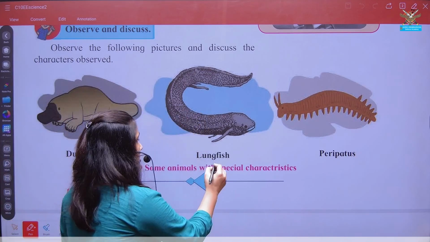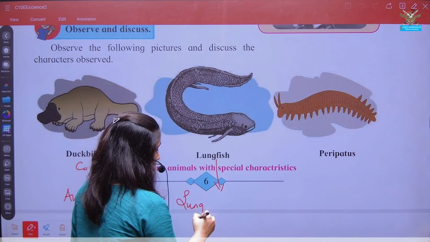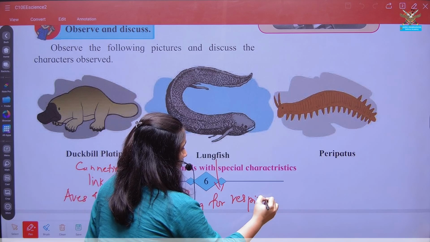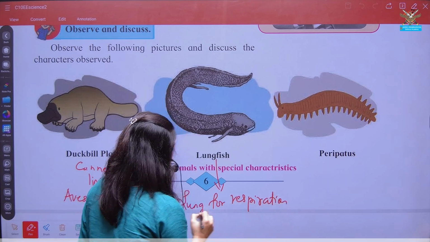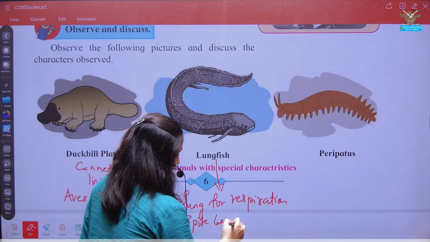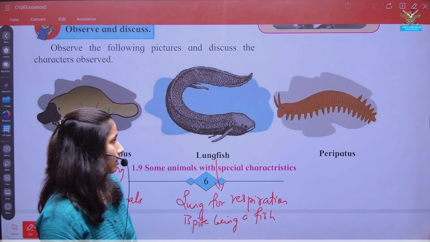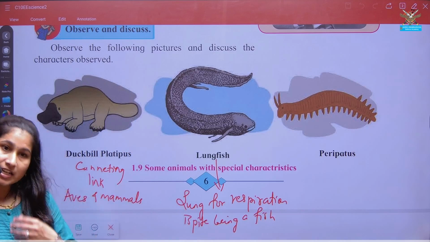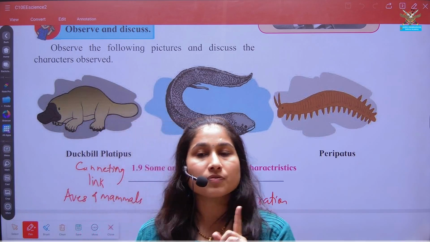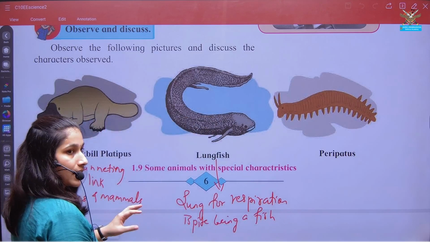This lungfish utilizes lungs for respiration, in spite of being a fish, right? It is a fish, but still it has lungs. So lungs are only present in organisms whose habitat is terrestrial.